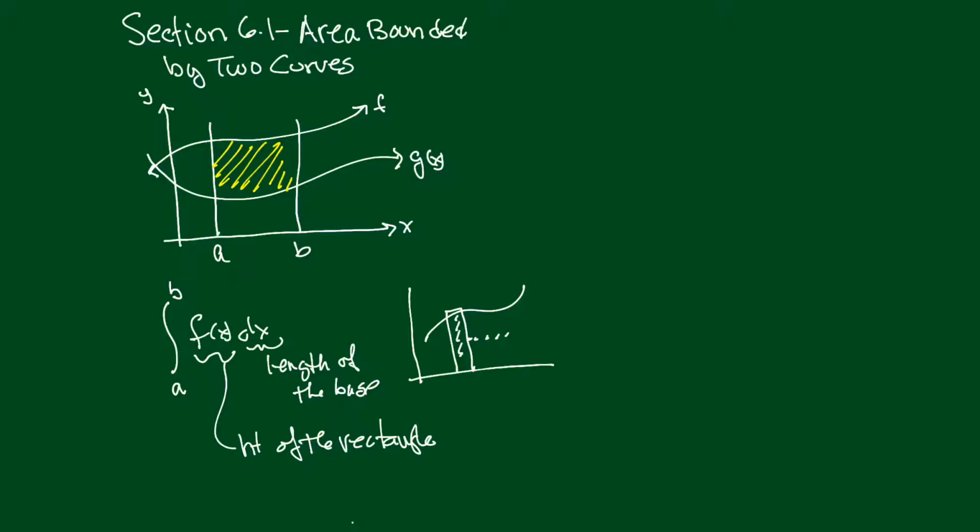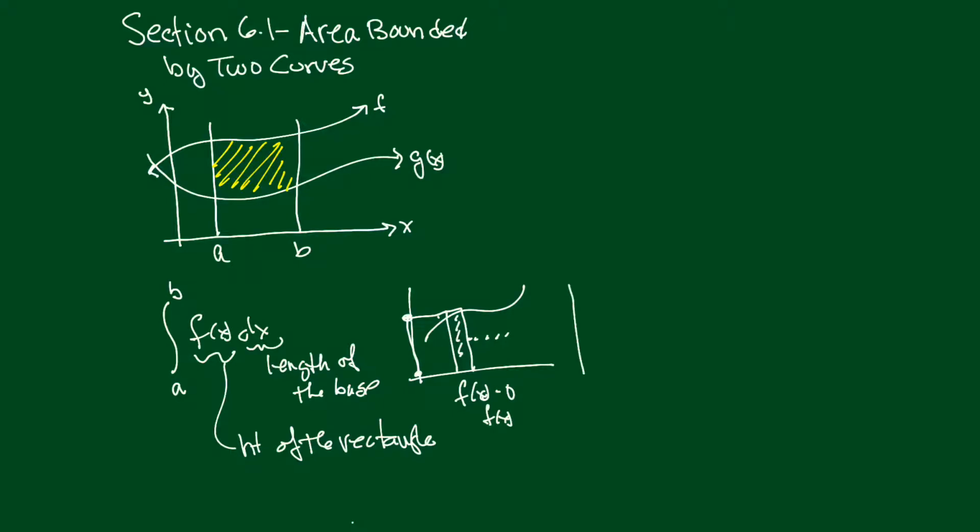Well, the difference here is now this. If you look at this rectangle, the height does not go from the curve down to the x-axis, which we could write as the f of x value minus that value, so we just get f of x.